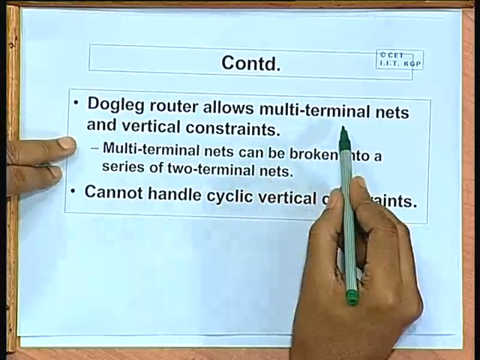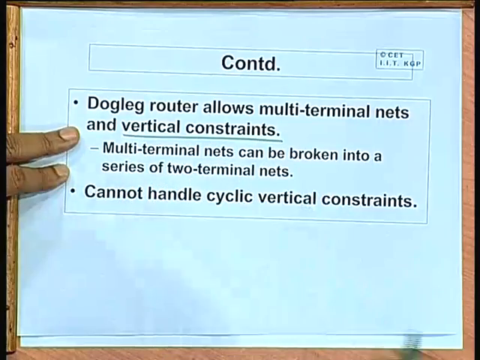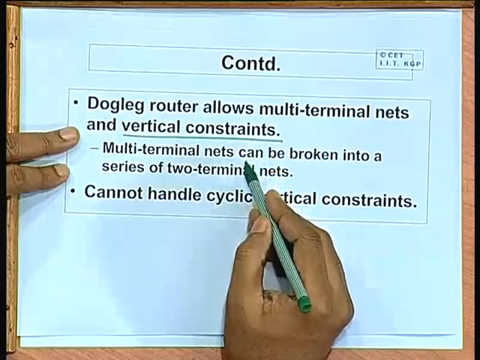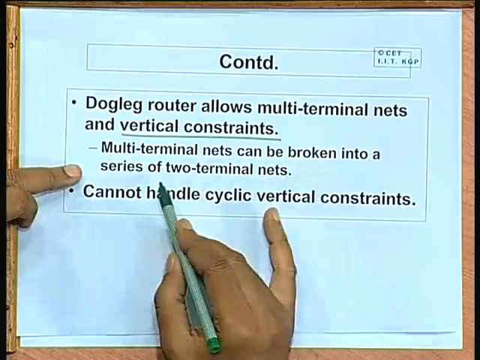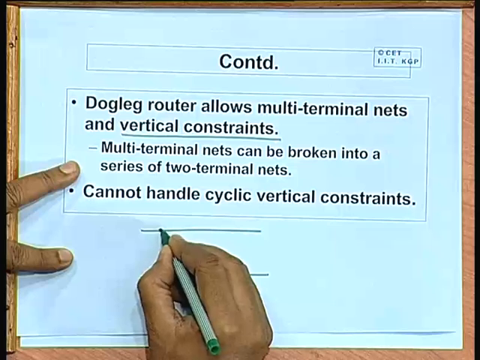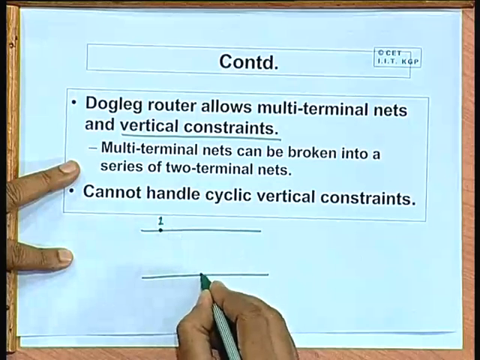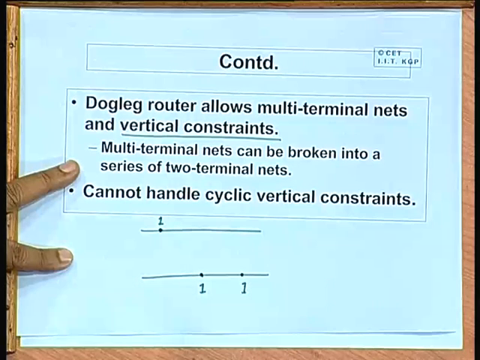The routing algorithm that we would be looking at allows multi-terminal nets. Of course, the left edge algorithm also allows multi-terminal nets, but here also we allow multi-terminal nets and vertical constraints as well. Now in the algorithm, if you have a multi-terminal net, it gets broken up into a series of two-terminal nets. For instance, if you have a terminal 1 here, 1 here and 1 here, this will be broken up into actually two nets.